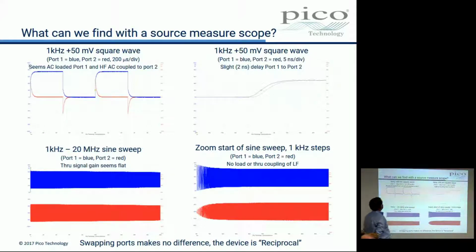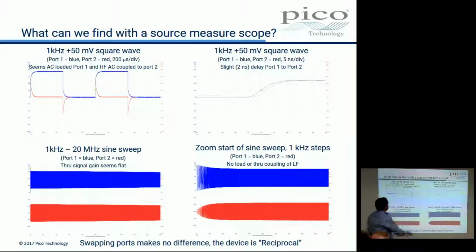And this is what I got. So I put a 1 kilohertz square wave in blue, and it appears that this device loads it quite heavily at high frequency, so it rounds off the square wave. Okay, that tells me something. It seems to load at high frequency and not so much at low frequency. And I got a spike out of the output.